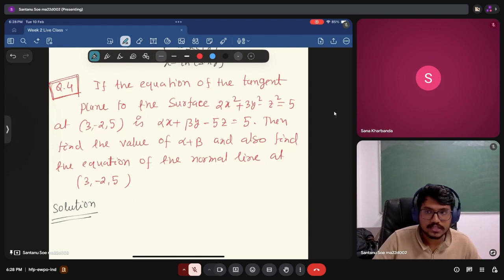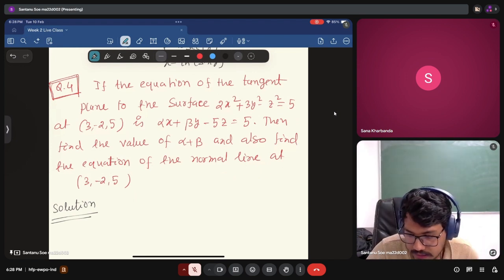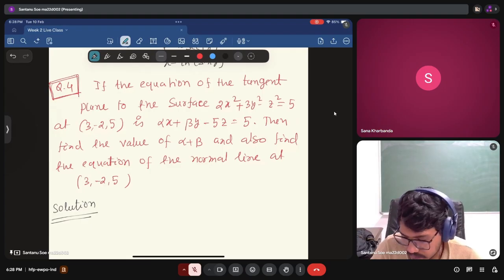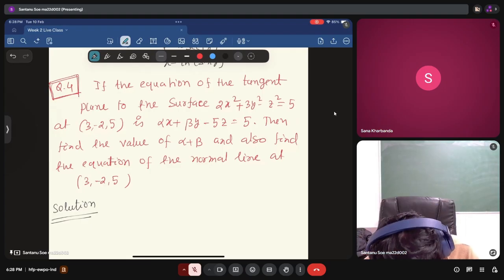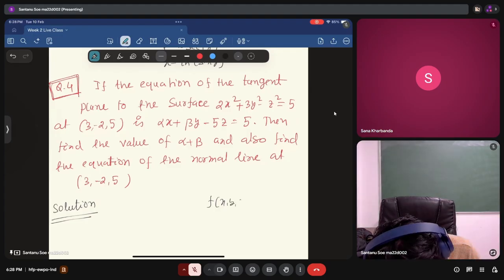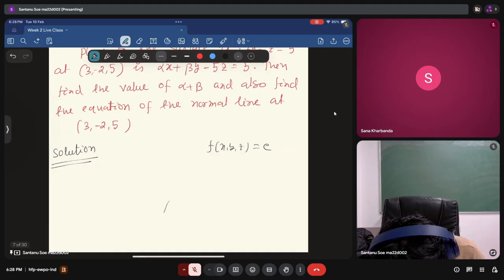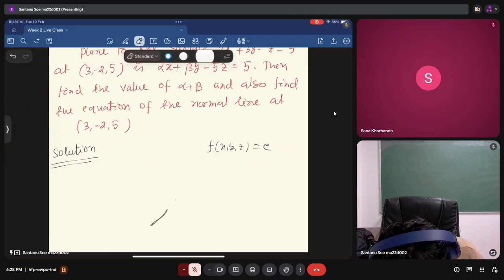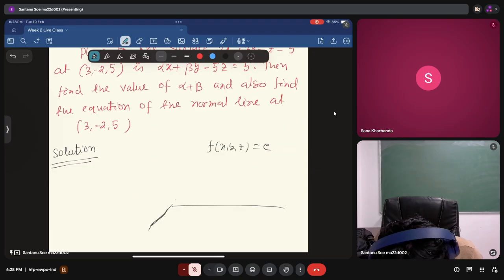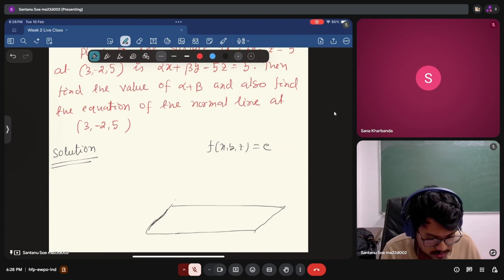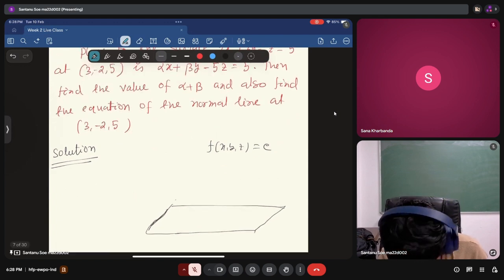And before that, I'll explain again what is the equation of a tangent plane and how it is coming. Now we know the level surface is defined as f(x, y, z) equals c. So now suppose this is a level surface, and this is the equation of a tangent plane.